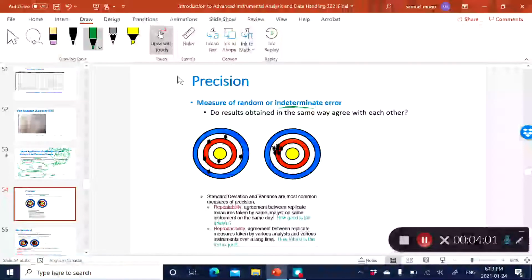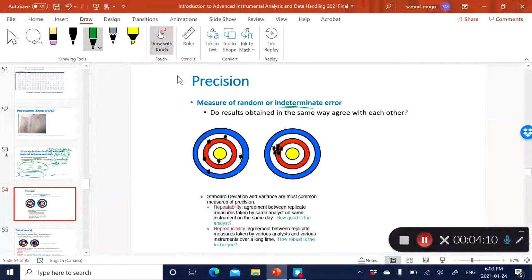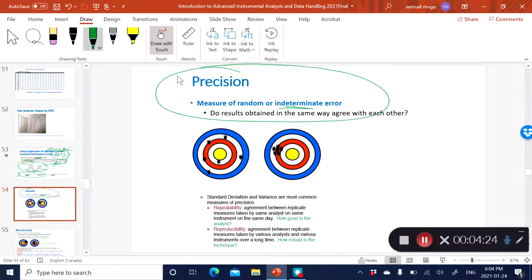And so if you analyze exactly the same sample 10 times, you won't get the same measurement. Essentially, you would get some randomness in the number that you get, and that is what you refer to as precision.